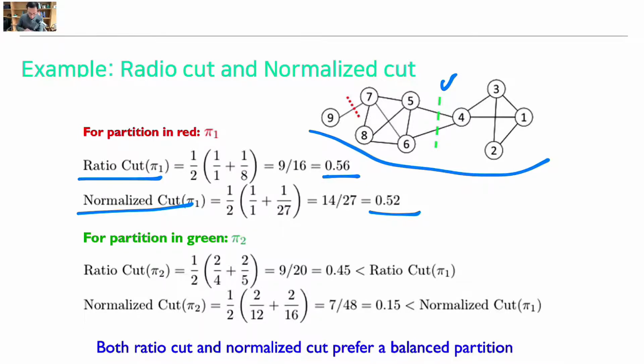In this case, the ratio cut has a smaller value, and the normalized cut also gets a smaller value than in the other case. So both of the cuts prefer the balanced partition. So we think this is more appropriate, right?